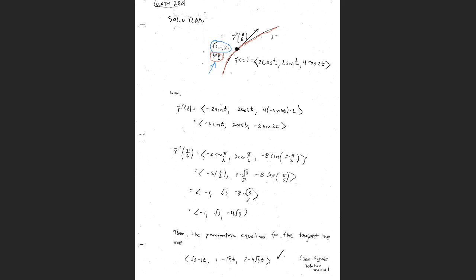Let me ask you this. If I want 2 times the cosine of t to equal root 3, what would the cosine of t have to equal?